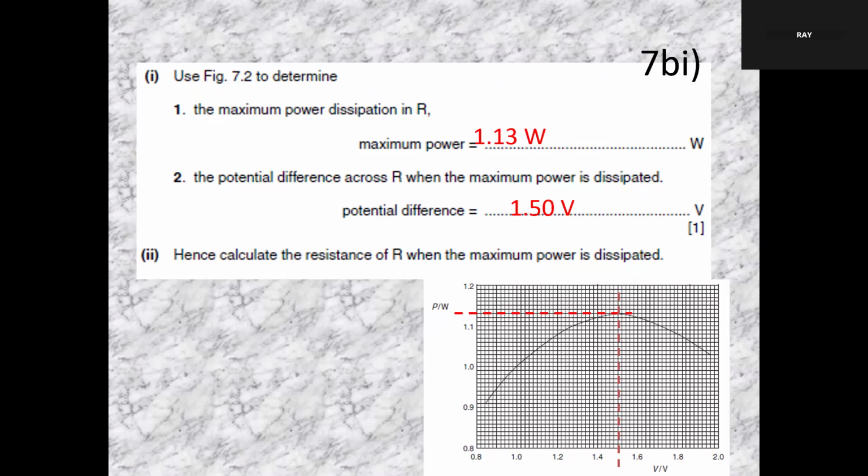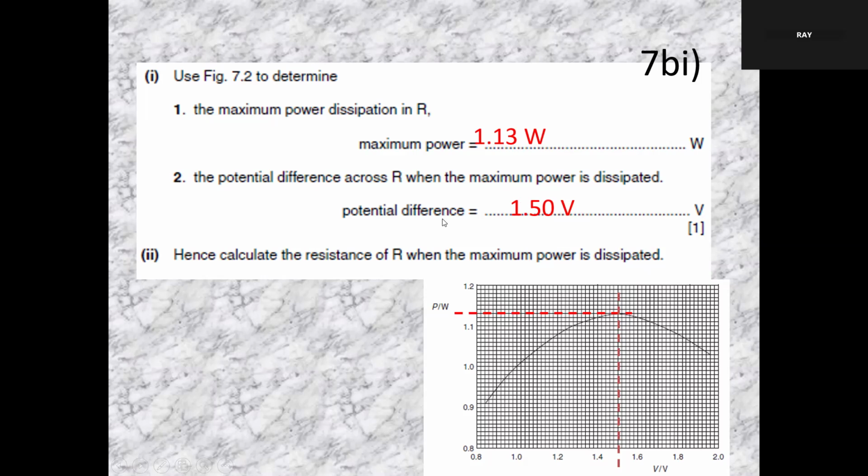What formula to use? Maximum power, I squared R. But I is not given.